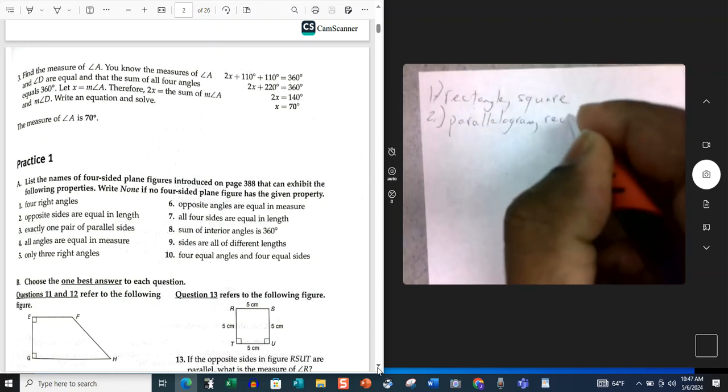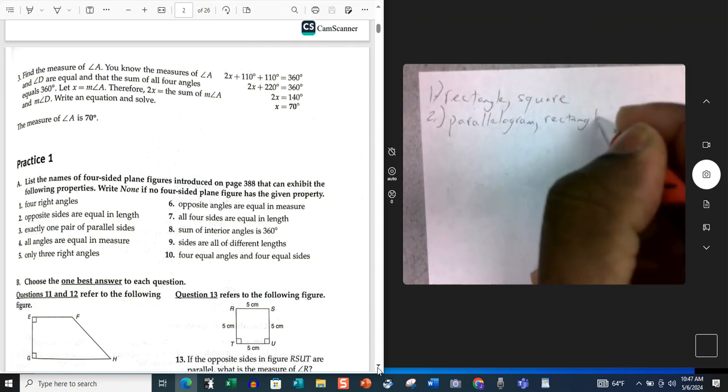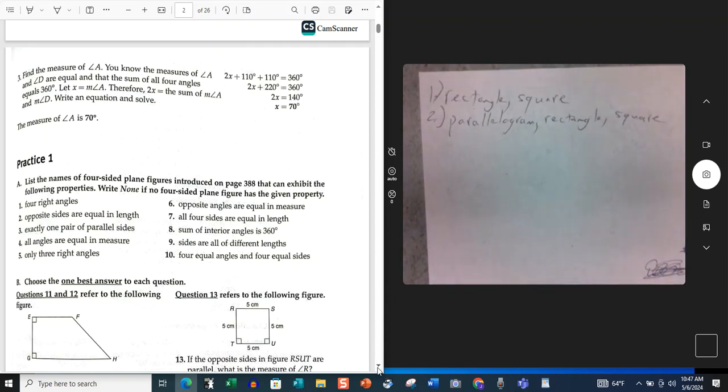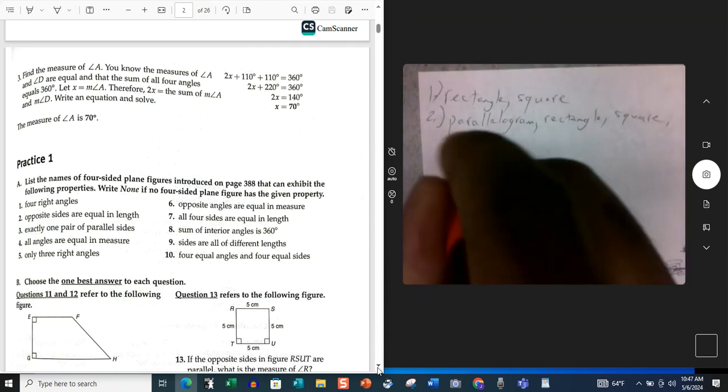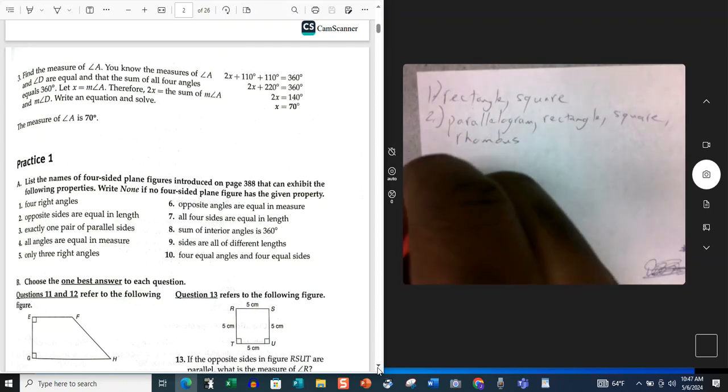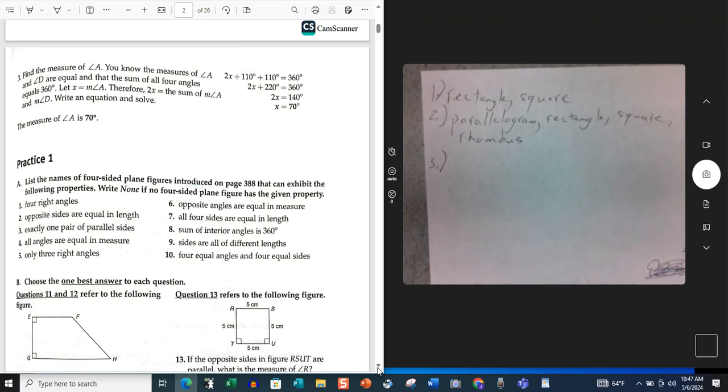It's a rectangle. It's a square. And it's also that one figure that's not shown, the rhombus. And you can read their definitions that would tell you that the opposite sides are equal to each other.